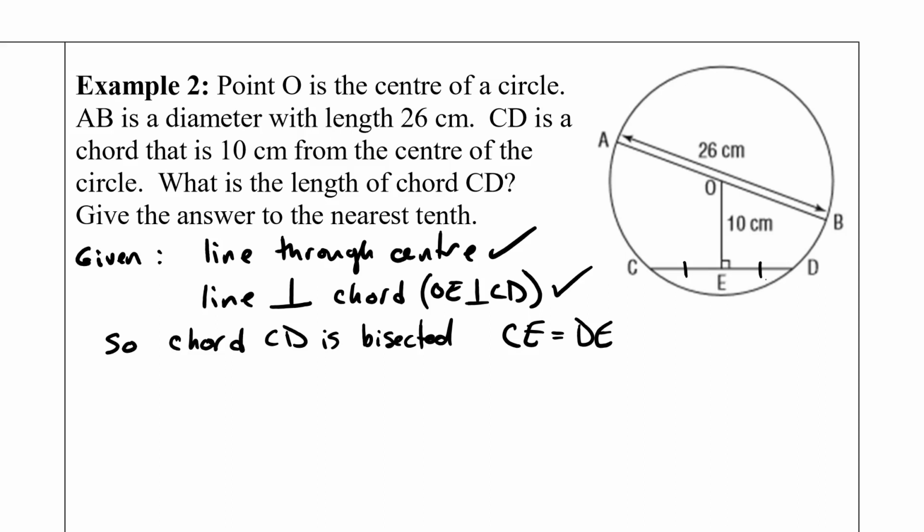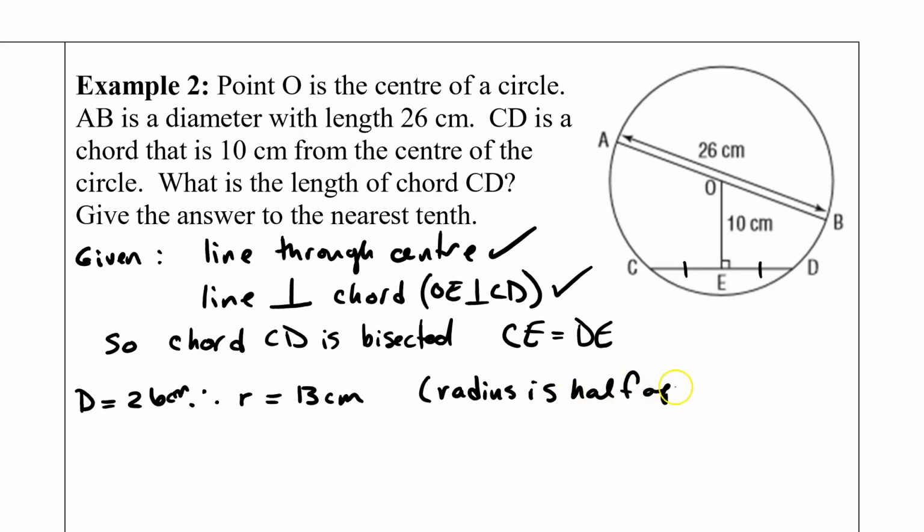Now, a very important trick in these kinds of questions is knowing your radius. If the diameter is 26, therefore the radius is 13 centimeters, because the radius is half of a diameter.